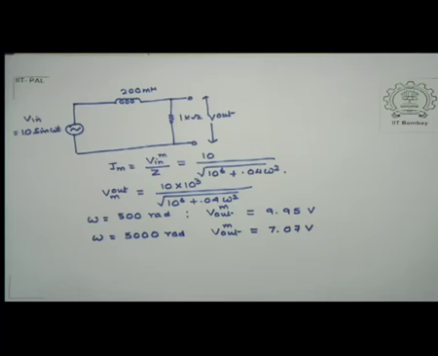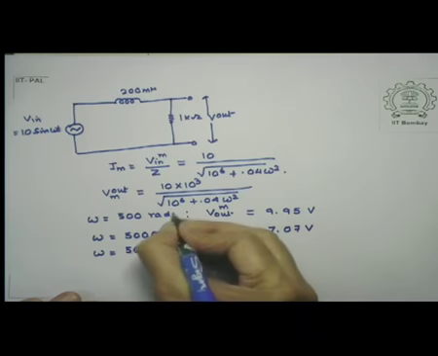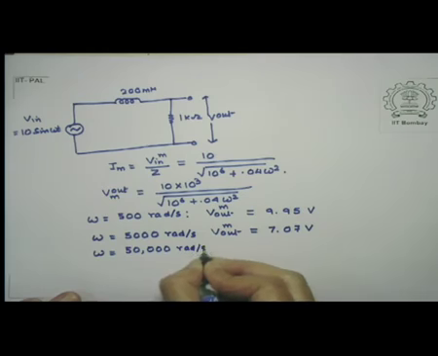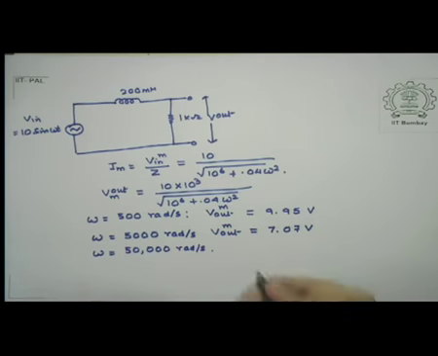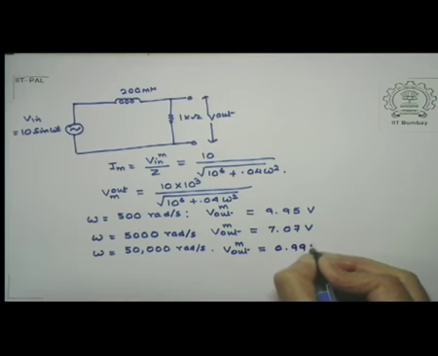Make it 10 times bigger. So if you take omega equal to 50,000 radians per second, and compute Z and V out, you get this to be 0.995 volts.